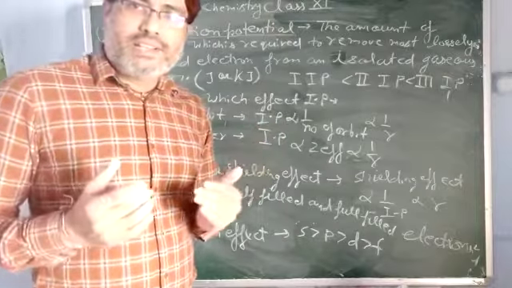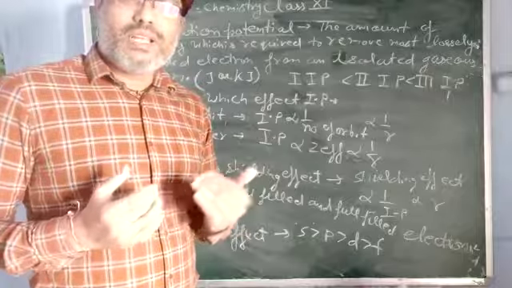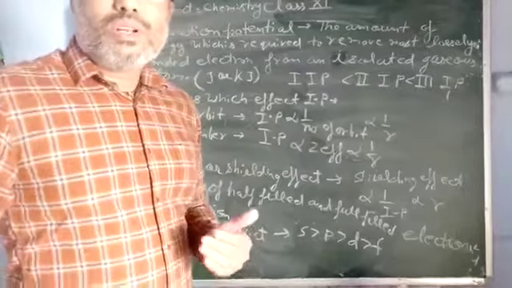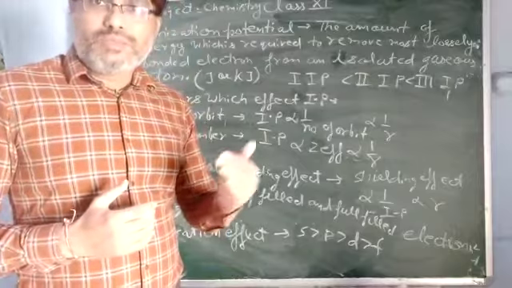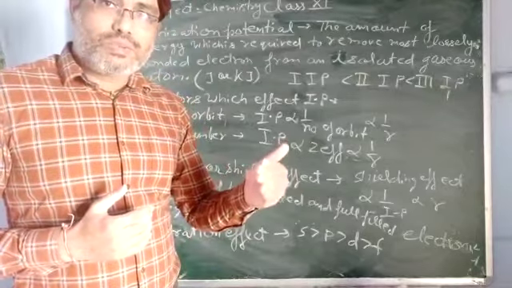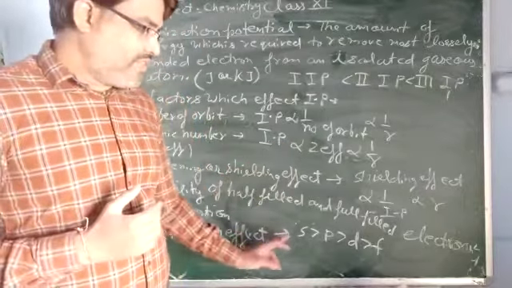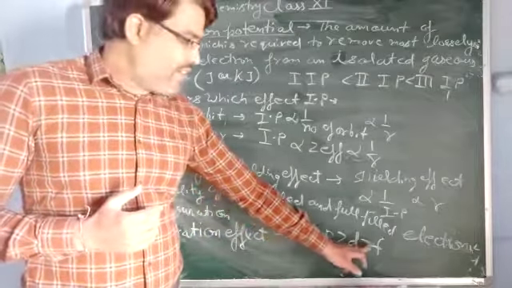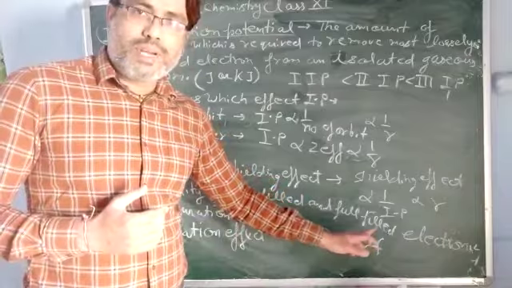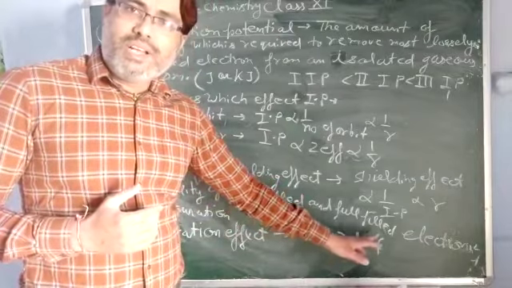If this attraction force increases, the IP value also increases. As we know, s is closer to the nucleus, so the penetration effect of the s orbital is more than p, then d, and then f. f is far from the nucleus, so the penetration effect of the f orbital is least.